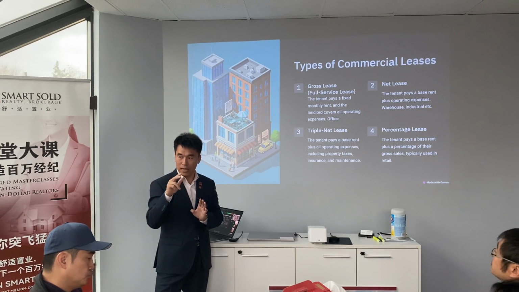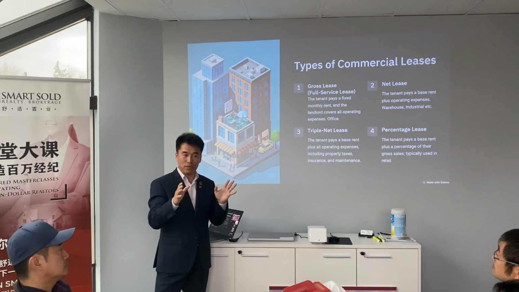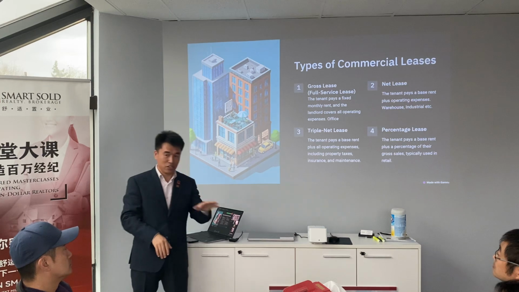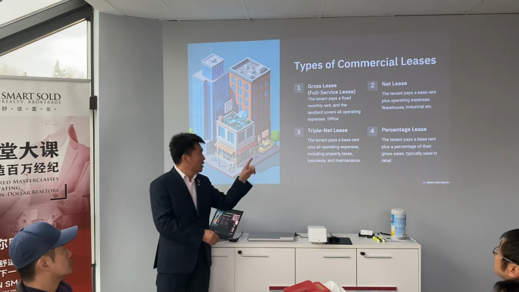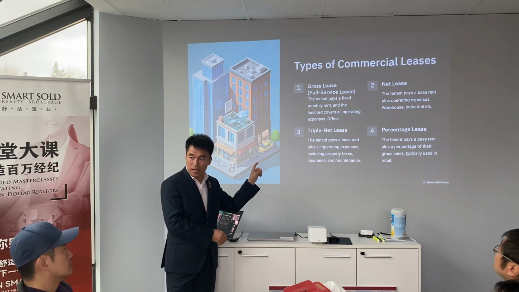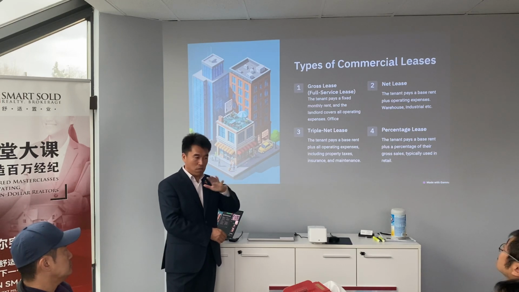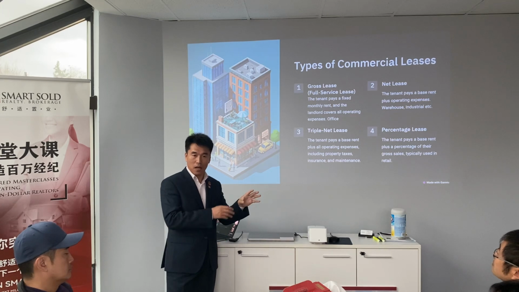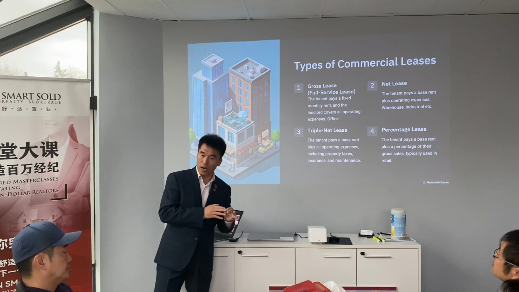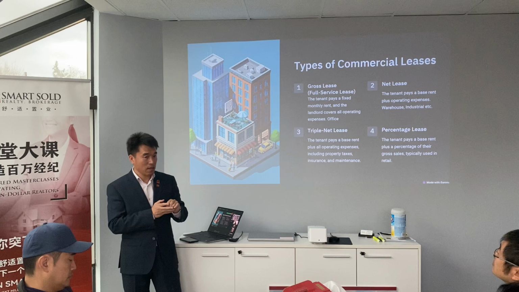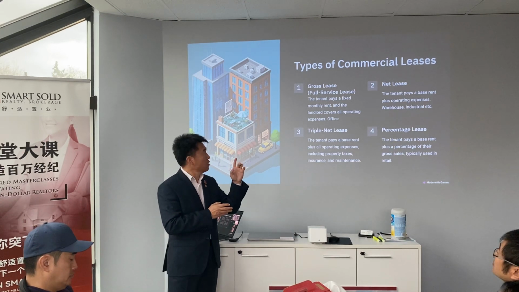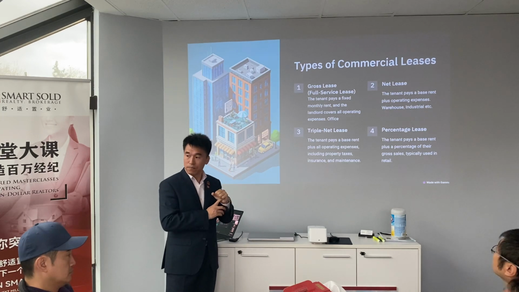But net and double net are not too common in today's market. In today's market, the majority is the triple net lease, and that's most likely for almost all the commercial you can see, including normal office, warehouse, industrial, and retail. But for high-end office, it normally goes to gross lease.